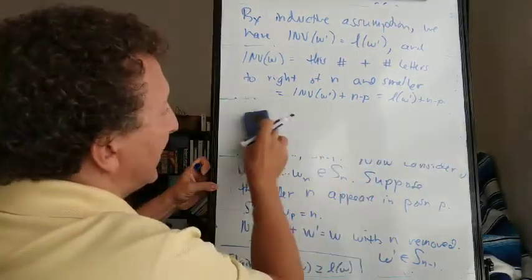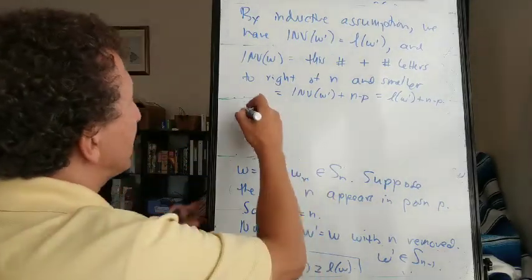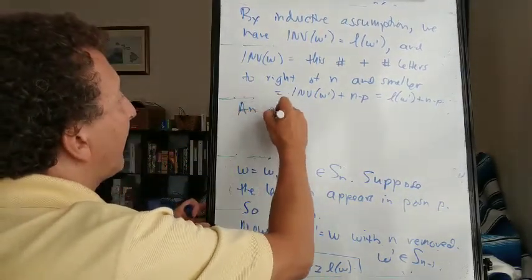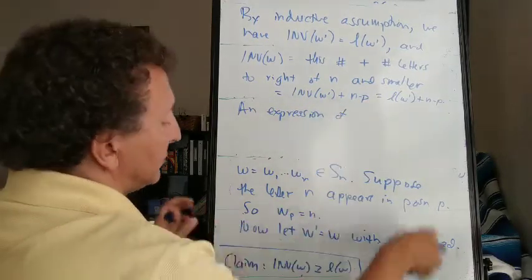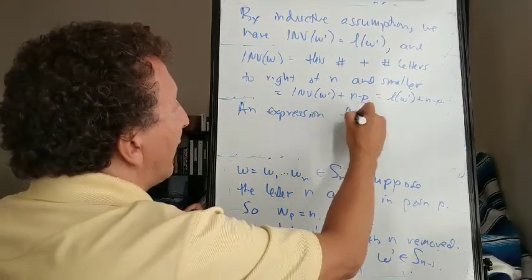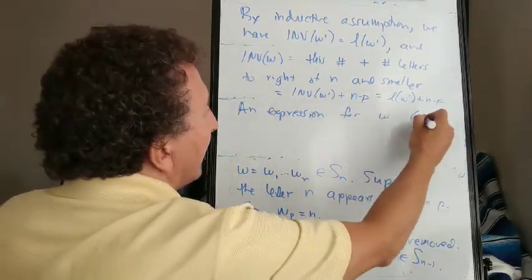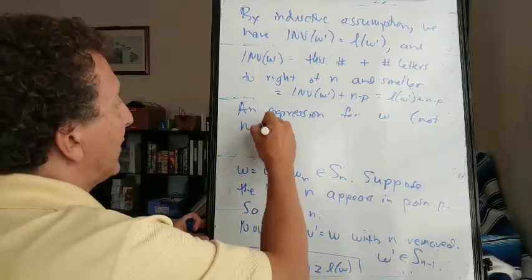Now how about an expression for W in generators? Now, I'm not claiming this is necessarily the shortest.